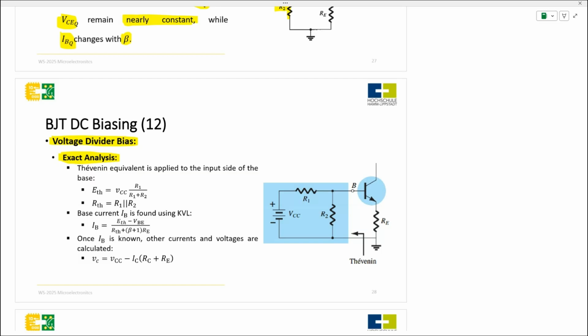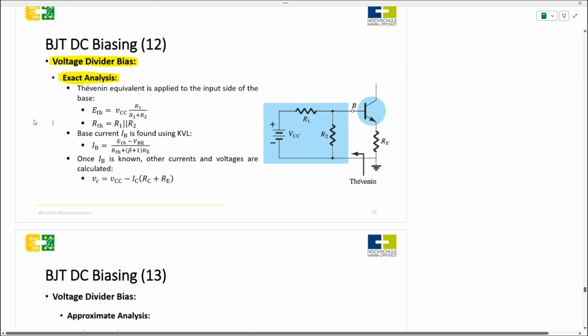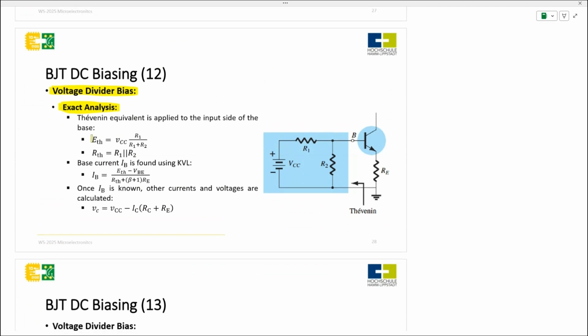So here is the Thevenin circuit. From this we want to have something like E Thevenin and R Thevenin. Based on this circuit, E Thevenin equals VCC multiplied by R1 over R1 plus R2, and R Thevenin equals R1 in parallel with R2.